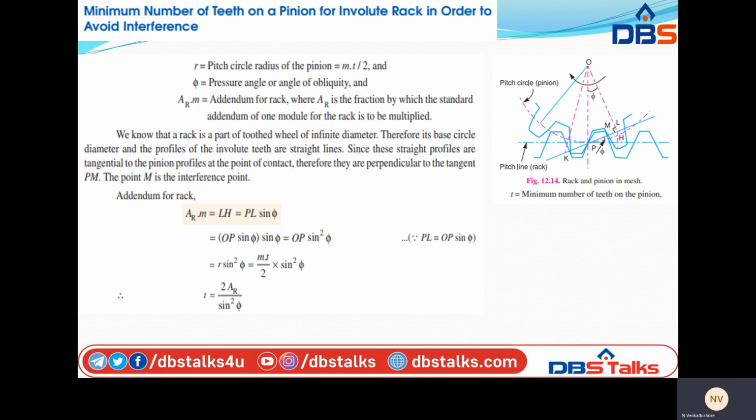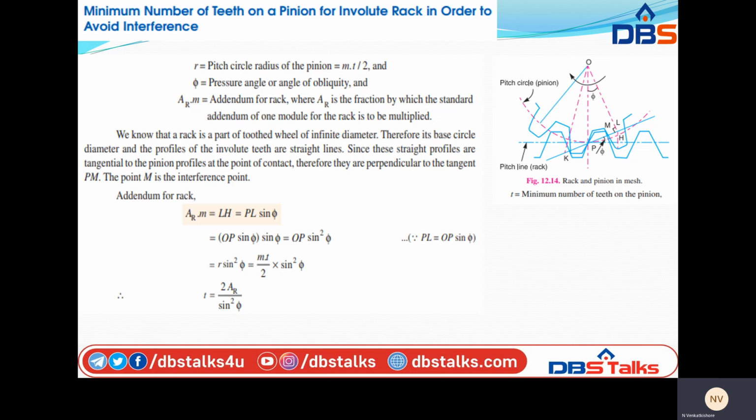So the figure shows the horizontal line, that is the pitch line, that is called the rack, and the curvy pitch circle is correlated to the pinion about the center O. Next, small t is equal to the minimum number of teeth on the pinion and the pitch circle radius of the pinion is small m into small t by 2.